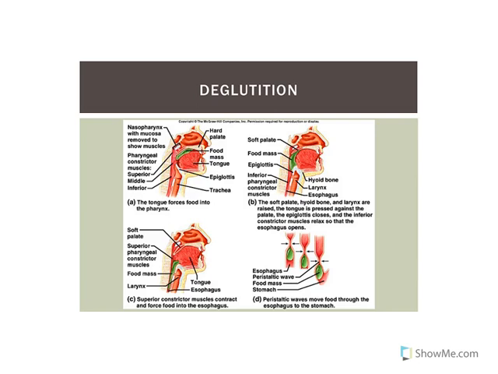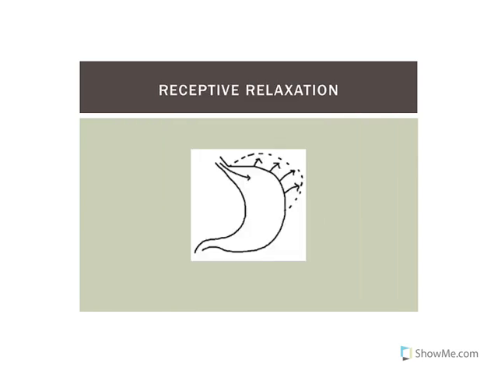That is going to relax to let foods now start to go into the esophagus. Right now we're pretty much in the pharynx. So the peristalsis is going to be triggered, which is going to allow us to start to move the things down into the esophagus.